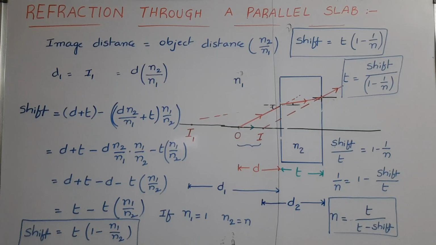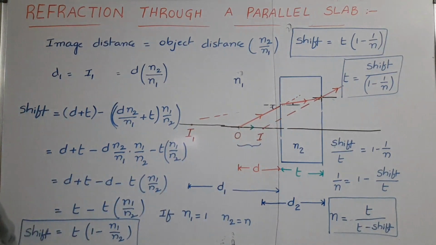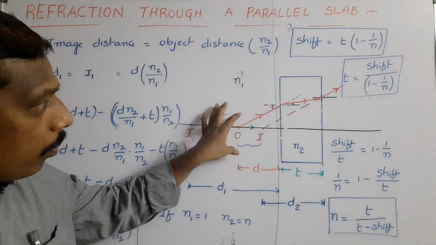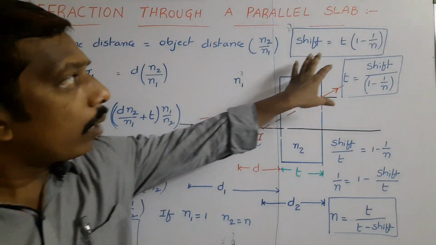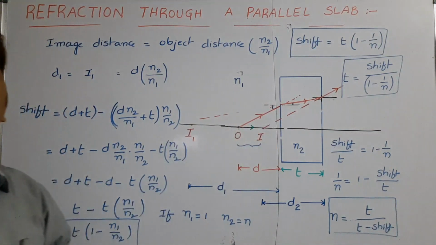Does the shift always take place toward the glass slab? We will check another condition. Is it possible or not? Here this object is a real object. In case of a real object, this is the formula for the shift, and this shift takes place toward the glass slab.